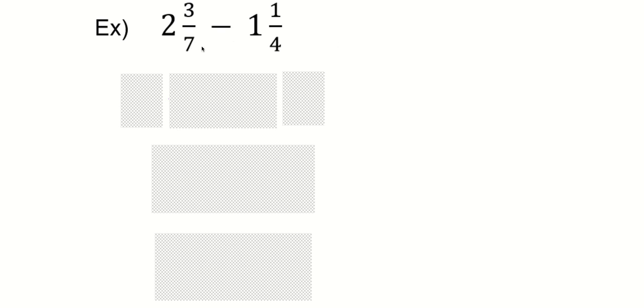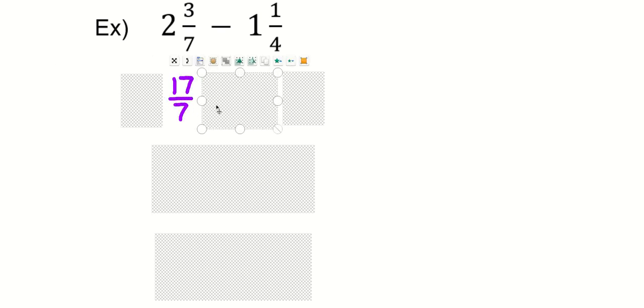The shortcut is to do 7 times 2 and then add 3. So this denominator times the whole number, and then you add this numerator. So 7 times 2 is 14, plus 3 is 17, and you just put that over 7.